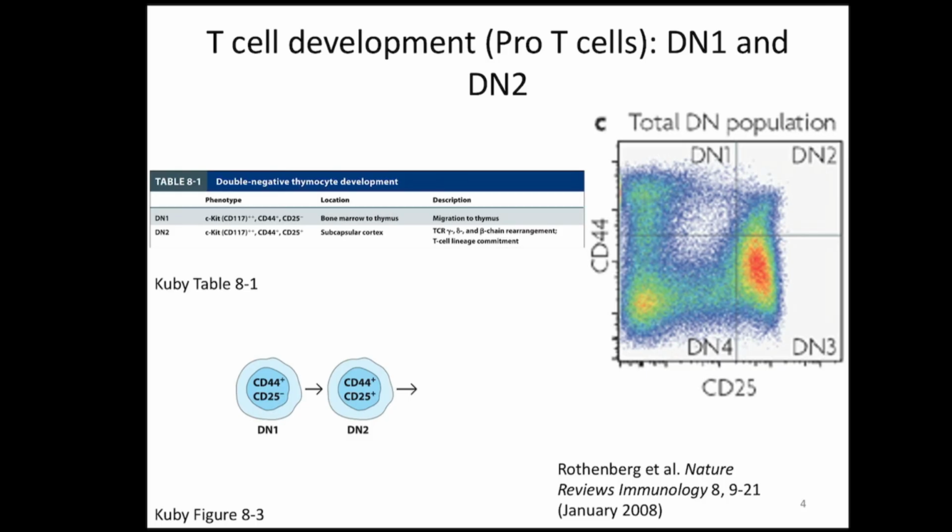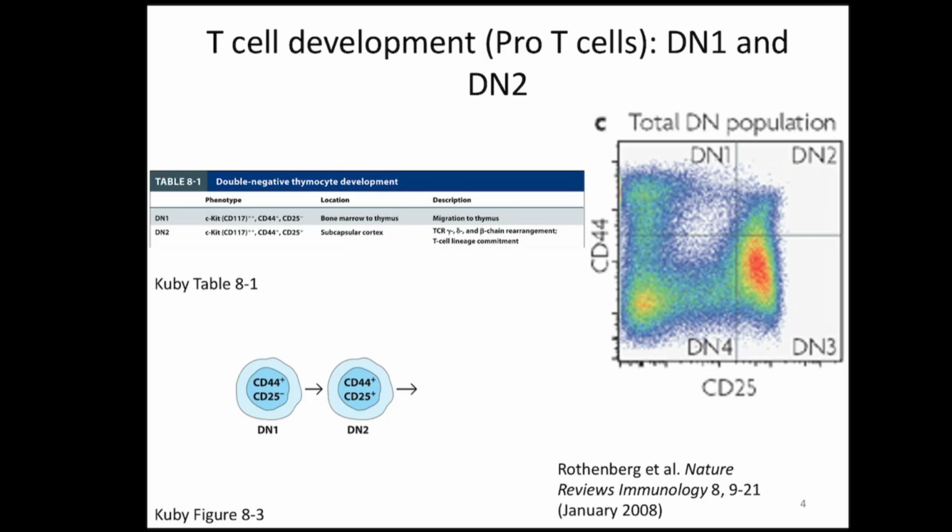Again, with T cells, life gets a little more complicated because we have two kinds of heavy chains and two kinds of light chains. Remember, we have this choice that the T cell has to make about being an alpha beta versus a gamma delta. If it's an alpha beta, we've got beta as the heavy chain. If it's a gamma delta, we've got delta as the heavy chain. And so what you will notice here is that it says on this slide, and we will say this a few times, we can see that the beta rearrangement is happening.